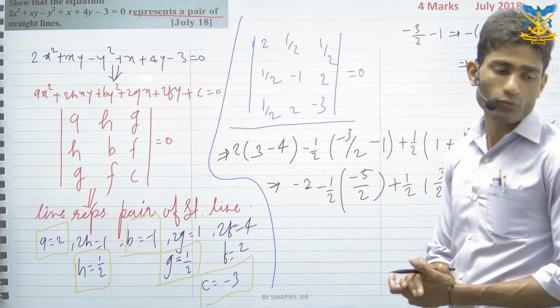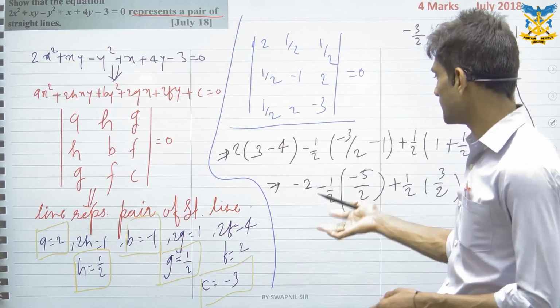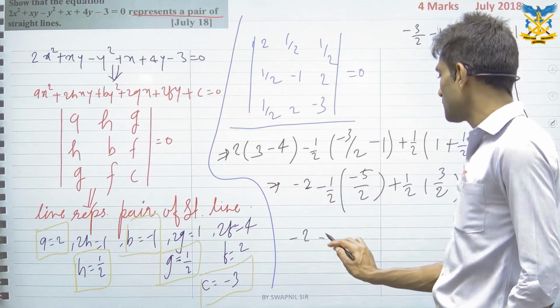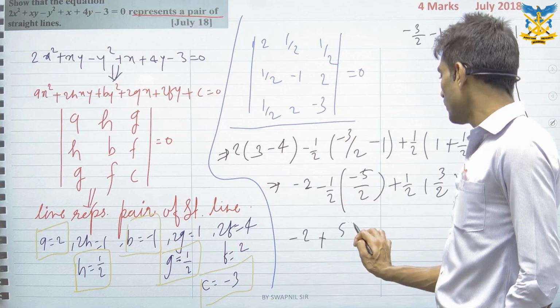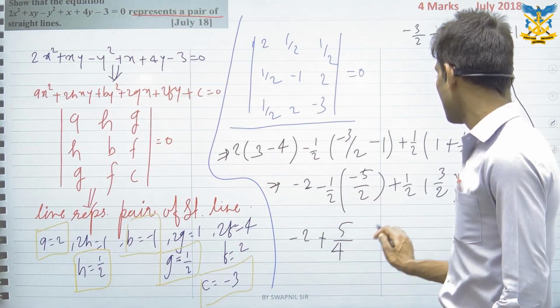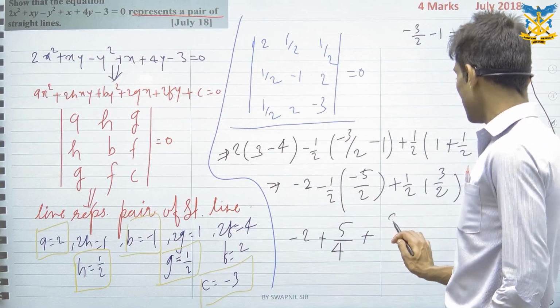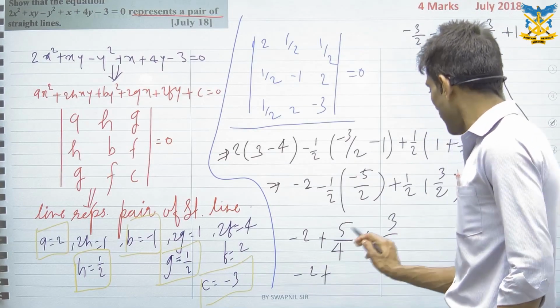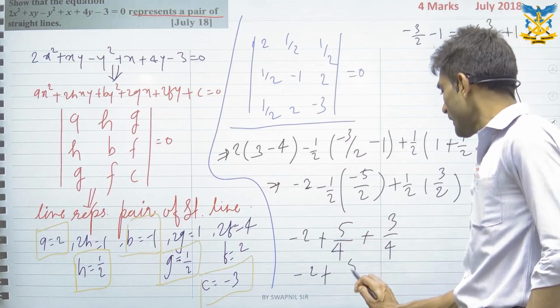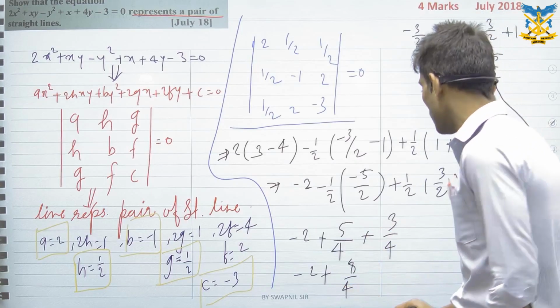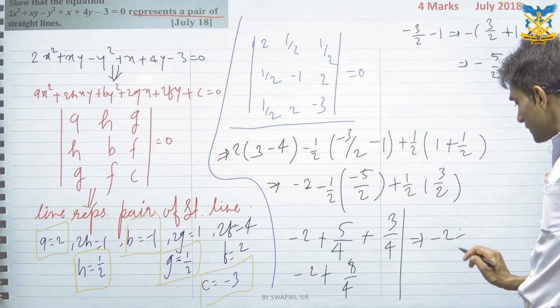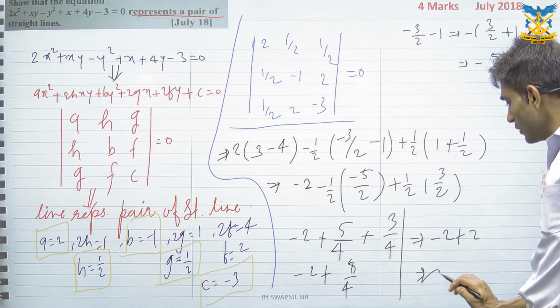This is just basic calculation. Negative 2 as it is, negative negative positive, 1 multiplied by 5, 2 multiplied by 2 is 4, plus 1 multiplied by 3, 2 multiplied by 2 is 4. So negative 2 plus 5 plus 3 is 8, 8 by 4. So we get negative 2 plus 2, which gives us the value 0.